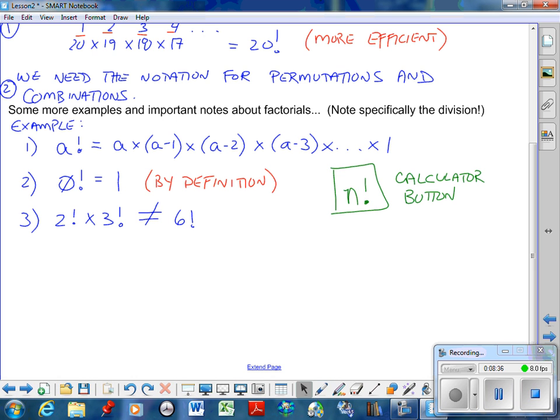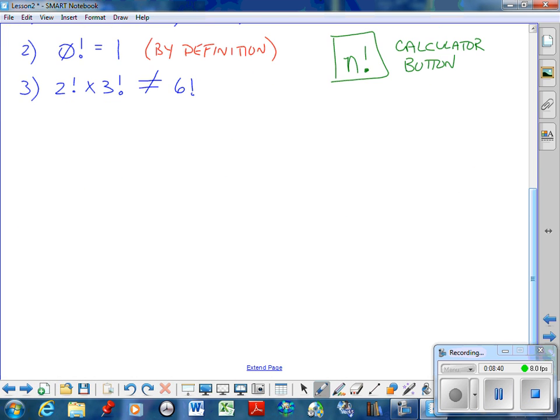All right, the last thing I want to look at is division with factorial notation. So what happens if I have 7 factorial over 3 factorial? You can obviously use the calculator to calculate this out, but I just want you to see something that comes from this. On top, the 7 factorial would be 7 times 6 times 5 times 4 times 3 times 2 times 1, divided by 3 factorial, 3 times 2 times 1.